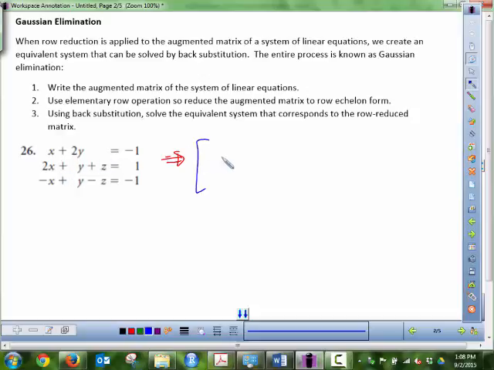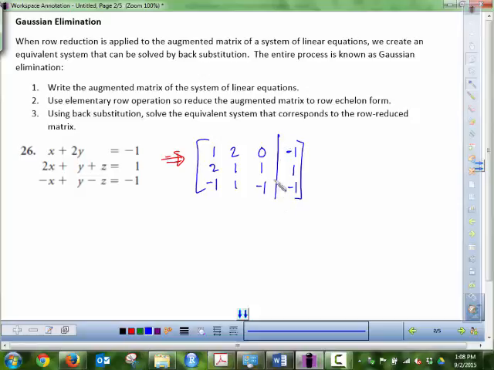We have x, y, z as your variables. 1x, 2y, 0z is equal to -1. 2x, 1y, 1z is equal to 1. -1x, +1y, minus 1z is equal to -1. So this is your augmented matrix.